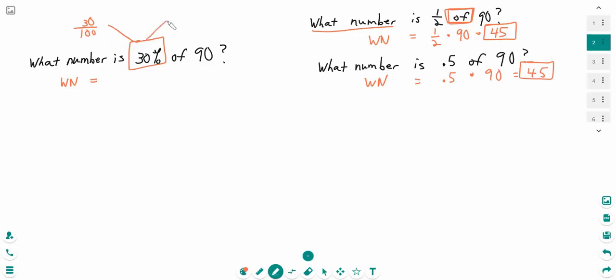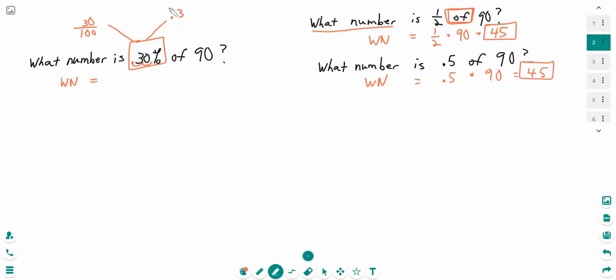As a decimal, all we need to remember is to, for any percentage, just move the decimal point over 2 places because we're always dividing by 100, which has 2 zeros. So all we have to do is picture the decimal point here, move it over twice, and that would be our decimal. So we have 0.3 as the decimal.